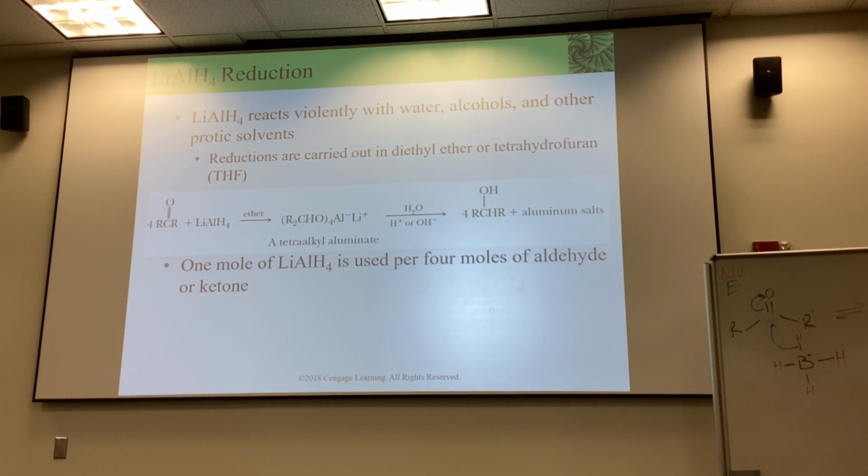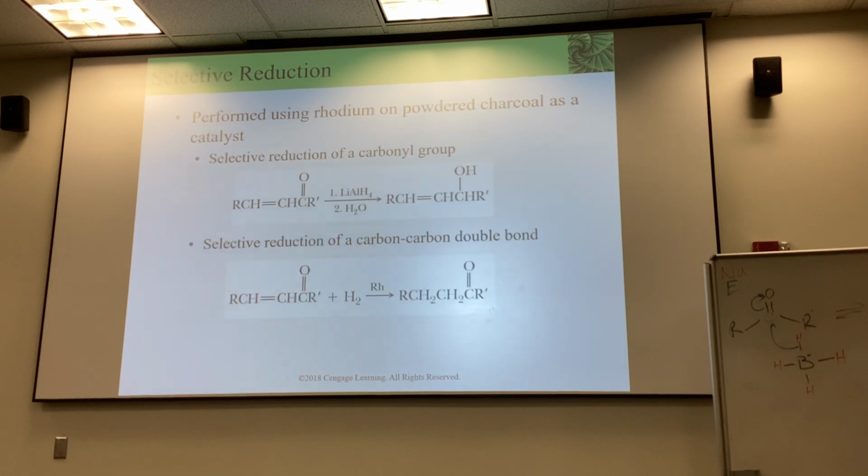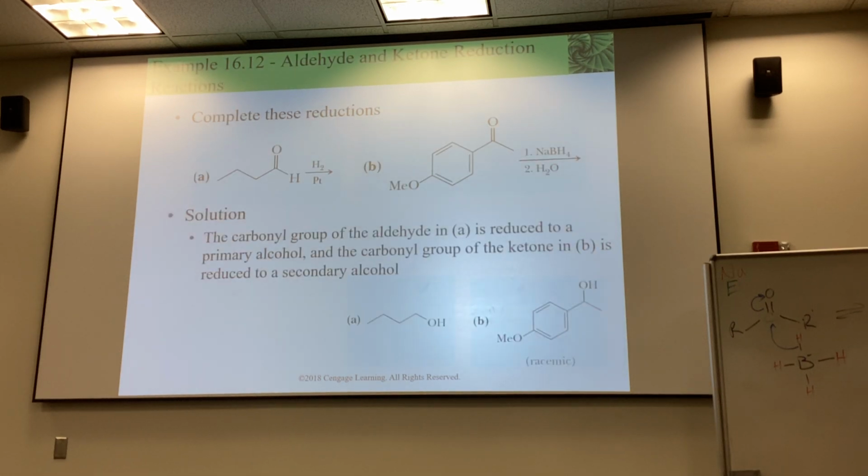I mean, it would use some of it up, but you've got more moles of reducing agent than you need, but also it would just be violent, so don't do it. These won't always be the same.